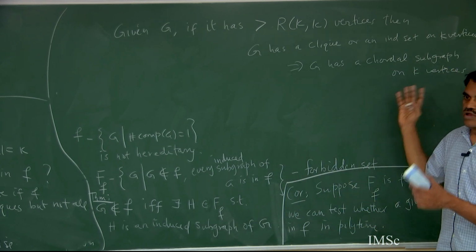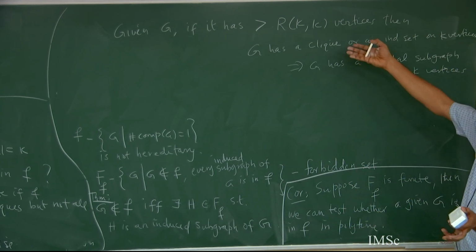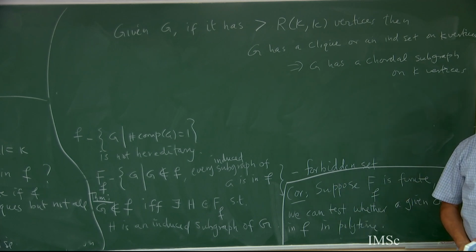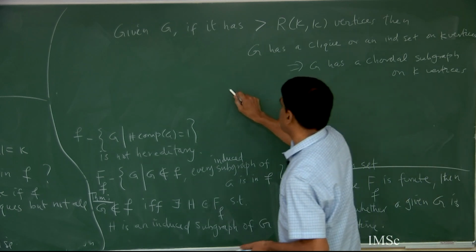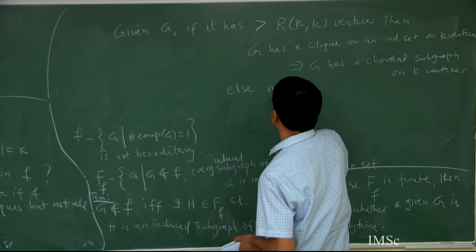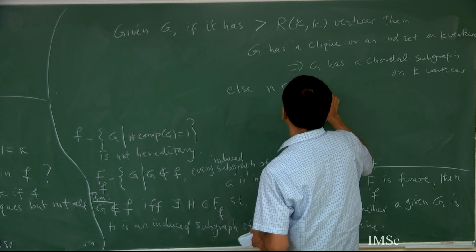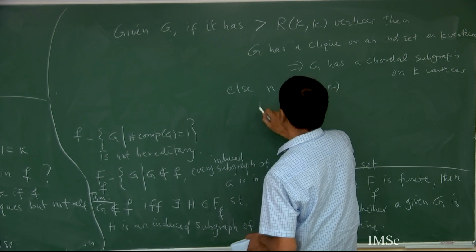Otherwise, the number of vertices is bounded by a function of k, so brute force. You actually have a kernel in some sense, right?